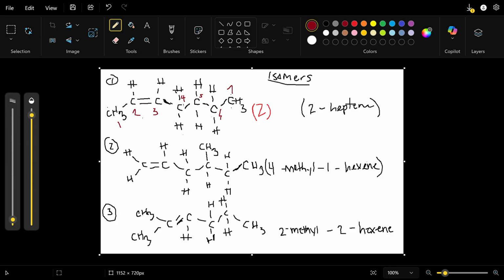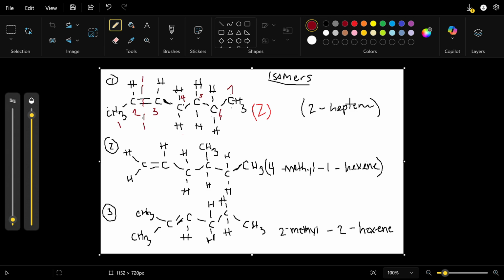And then for whether it's a Z or E configuration, the way I do it is I draw a line in the middle of the double bond, and I look on each side and pay attention to what's connected to the carbon.